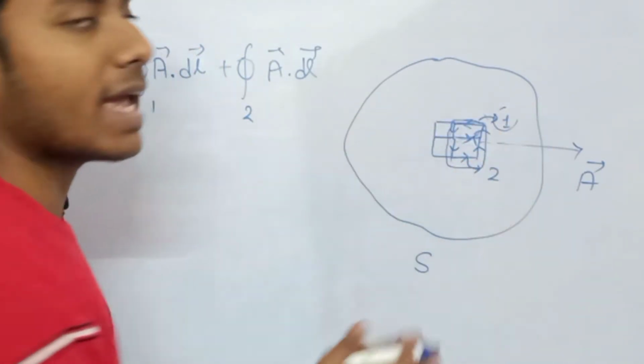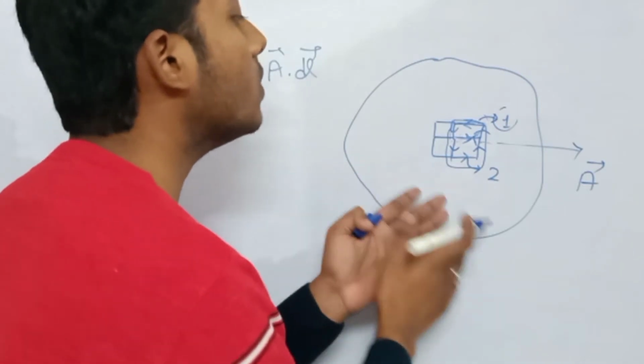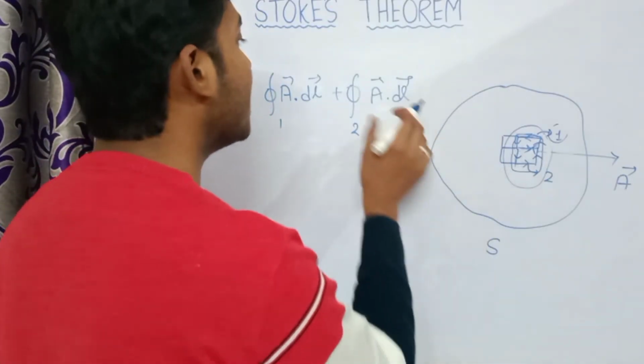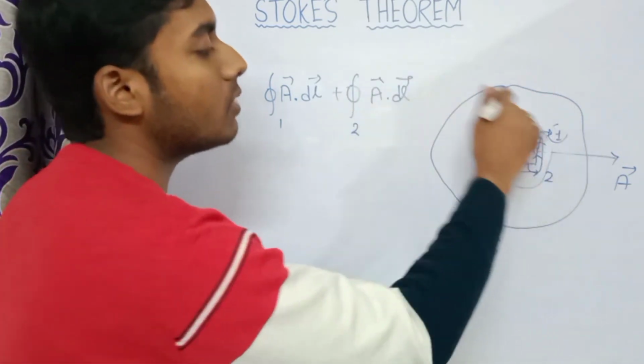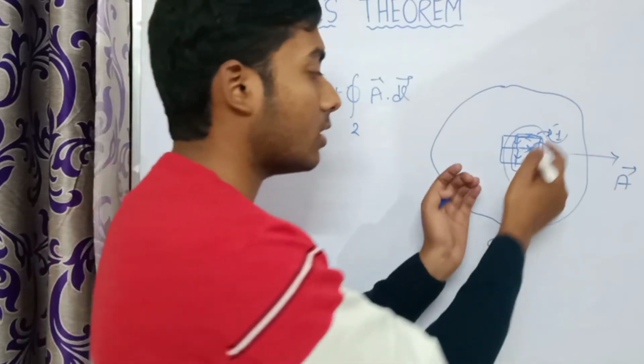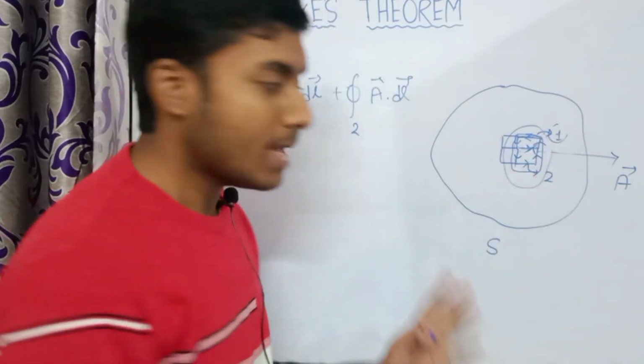So these will cancel each other and we are left with only the boundary of these two squares.